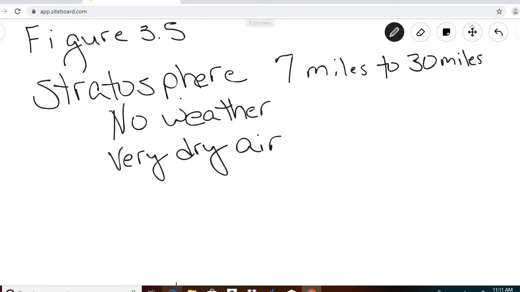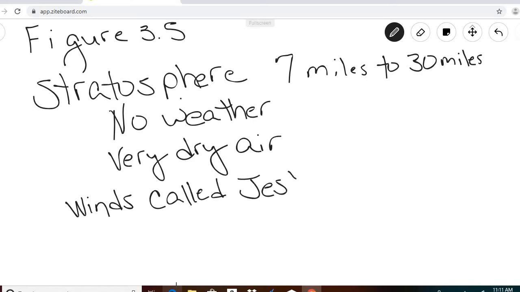The other thing that you see in the stratosphere are these winds that are called the jet stream. So they are steady winds that circle the Earth.